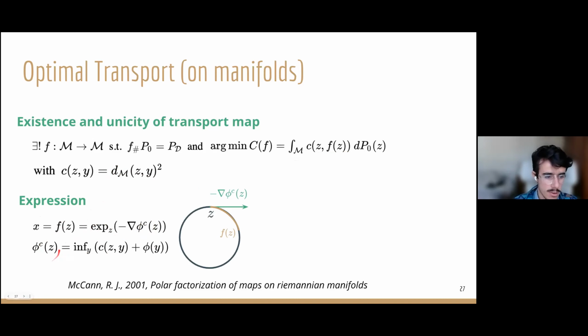And so c-convex functions are written as the infimum over y on the manifold of the cost plus some dual potential. And so basically, we can sample points from the base distribution and then apply that flow, one or several times, and that gets us new samples.